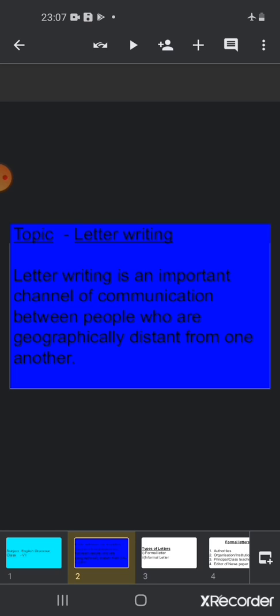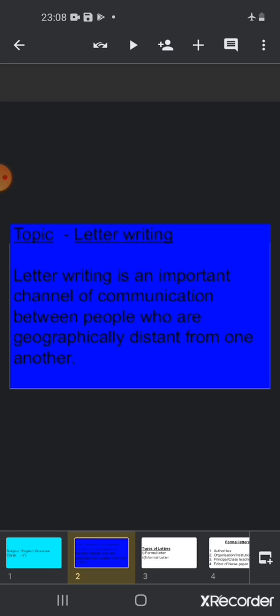What is letter writing? Children, do you know why we write a letter? What is the use of writing a letter? In earlier times, the only mode of communication was letter writing.